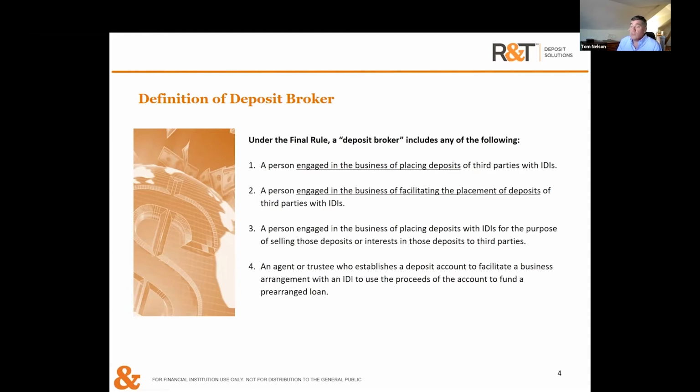Now, the difference between A and B, 1 and 2, is somewhat important as we go through, because there are a number of ways that a person that controls deposits, somebody that's in the business of placing deposits, can get a primary purpose exemption. And there are specific things that an entity that facilitates the placement of deposits has to do in order to be considered a deposit broker.